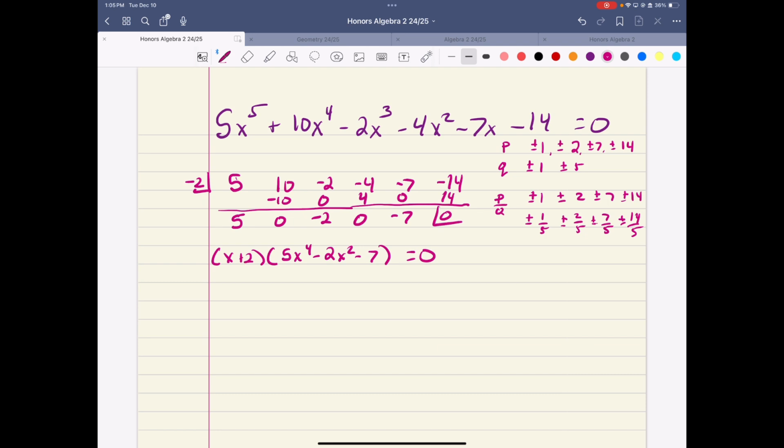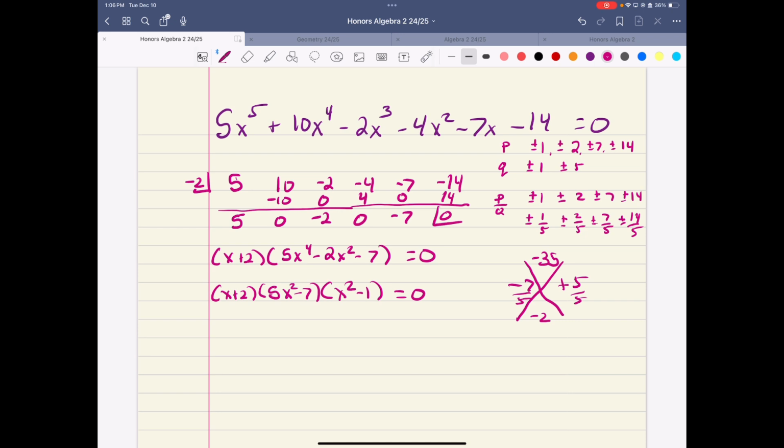It looks factorable. So a times c is negative 35, b is negative 2. So negative and positive, so negative 7, positive 5. Divide by 5. So x plus 2, 5x minus 7, 5x squared minus 7, and x squared minus 1.